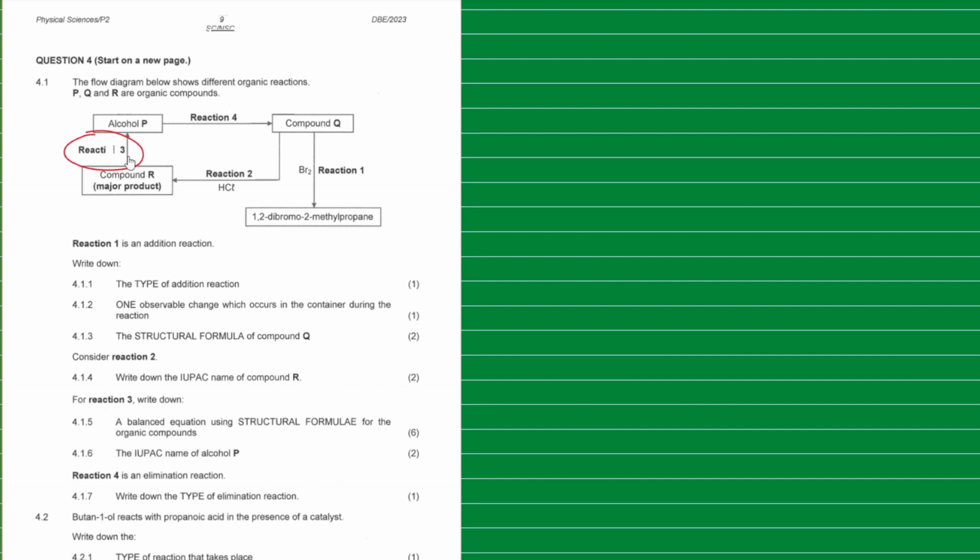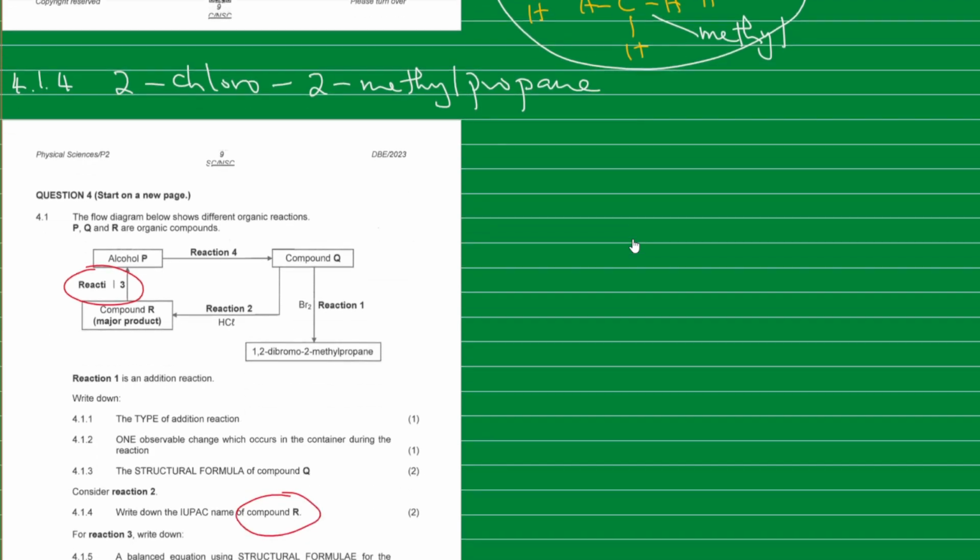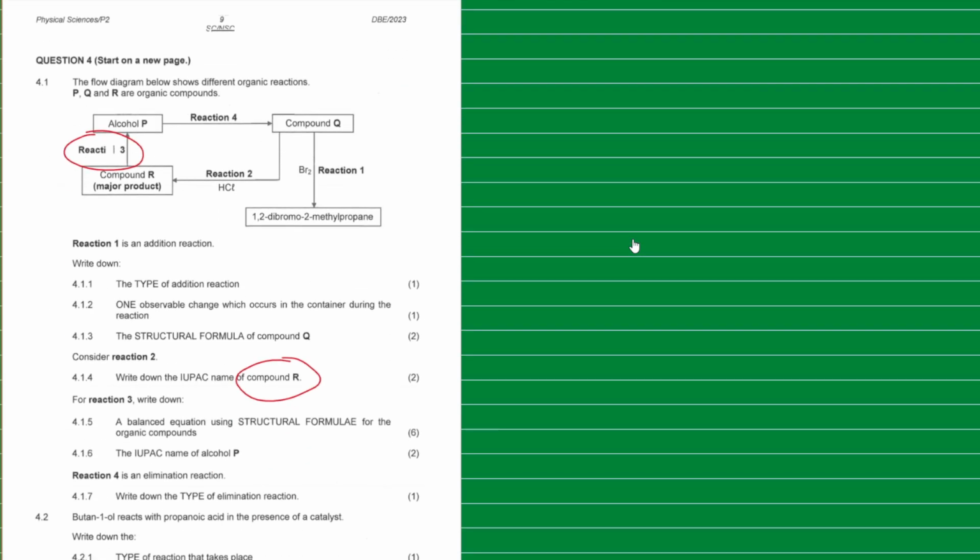So in reaction 3, what we notice is we have got a compound R, which we have just found here. It's a good thing that we got the structural formula here. We have already derived the structural formula over here. Okay. So they want us to write a balanced equation using structural formulae for the organic compounds.